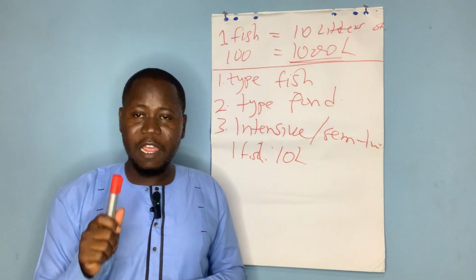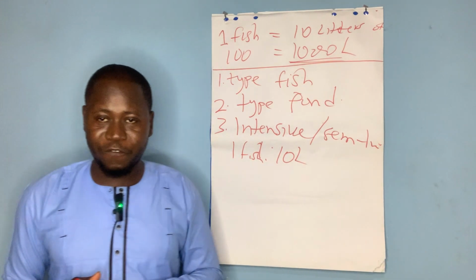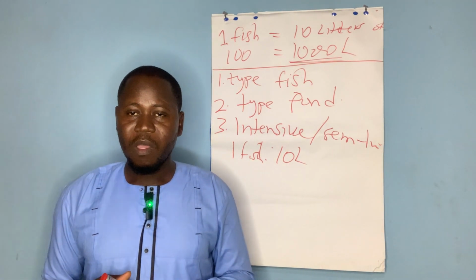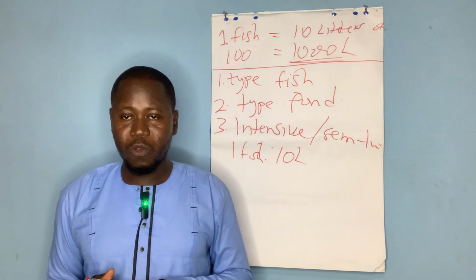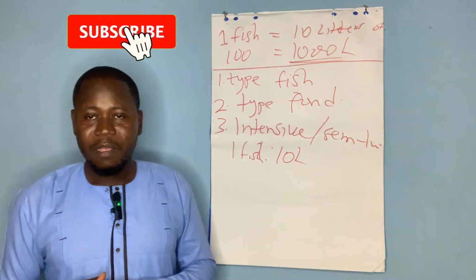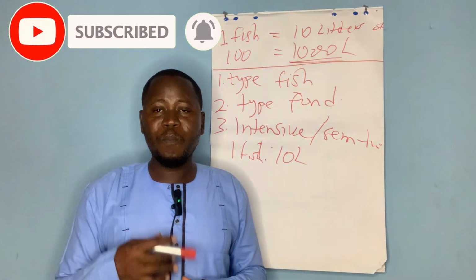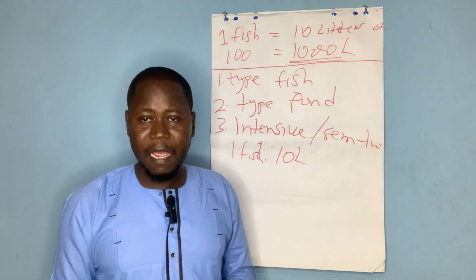Because you control everything, you ensure the water quality is good. But with the semi-intensive, here nature does things for you, but you also complement. In terms of feeding, you give supplementary feed, but you don't provide the feed all the time.